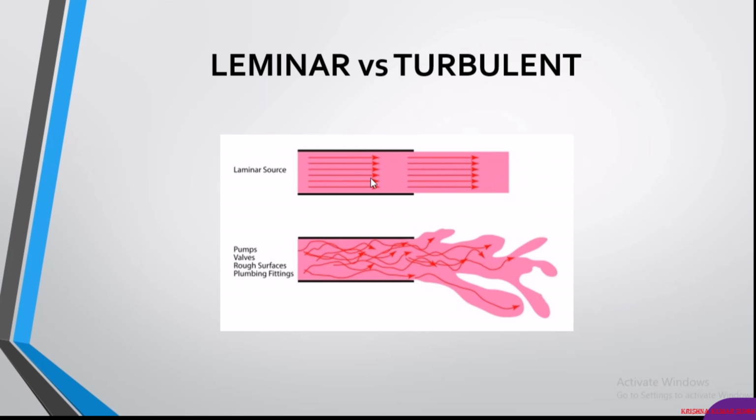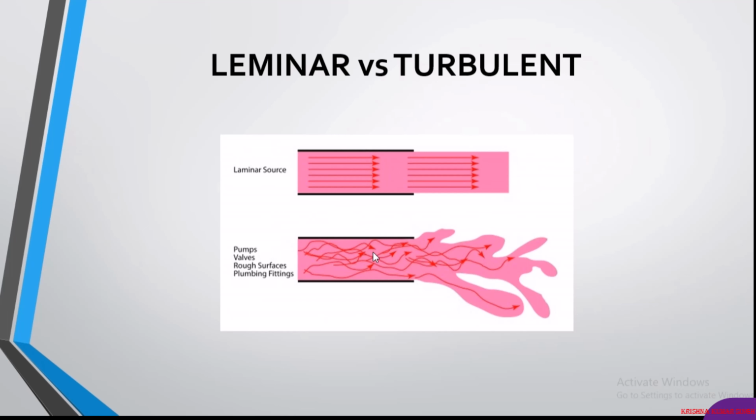This liquid is basically water, and we have a straight pipe segment. The red arrowheads show the direction of streamlines, right? So the streamlines are proper in a horizontal direction. These horizontal streamlines show that this flow is laminar flow.